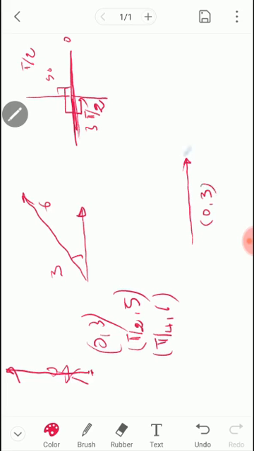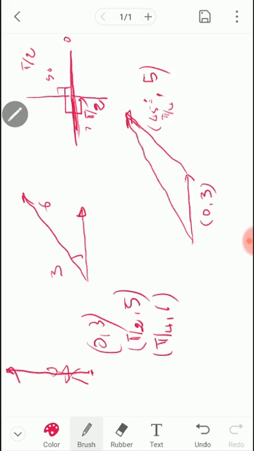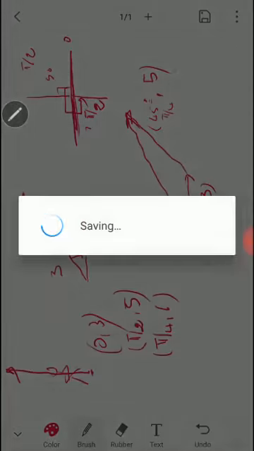But if we told him 2 instructions, please move in this direction, 0, 3, and then in this direction, which is 45 degrees, or pi/4 and 5, what will be the ending result?